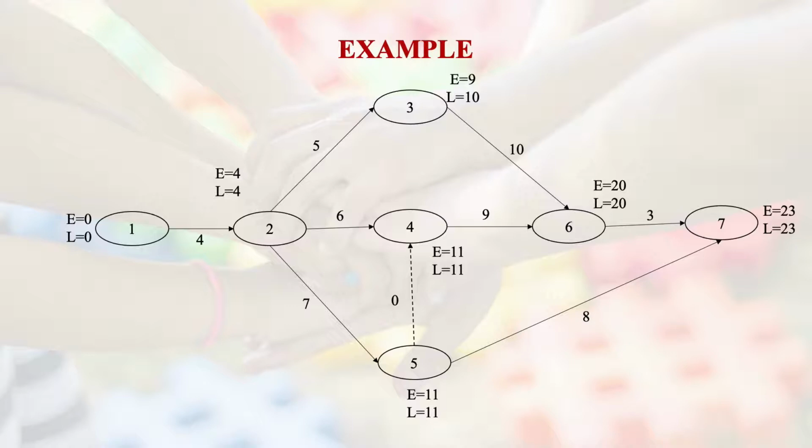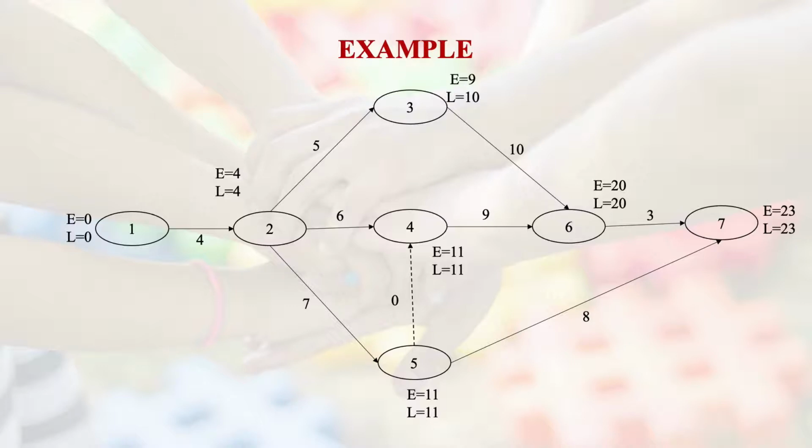Alright, and then once again event 7 also faced this particular situation. Either we go from 6 to 7 with the time 3, so 20 plus 3 becomes 23, or from 5 to 7, it is 11 plus 8, just 19.